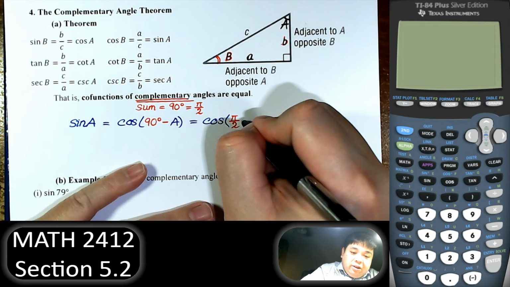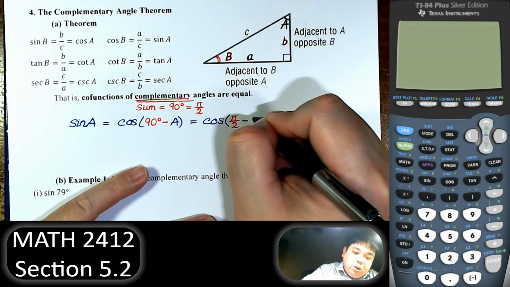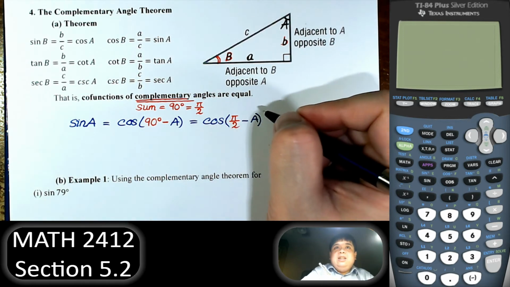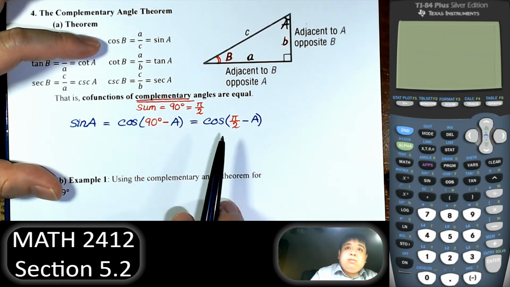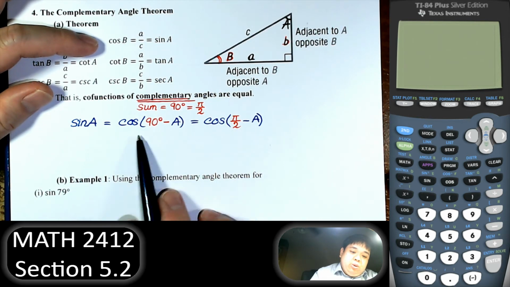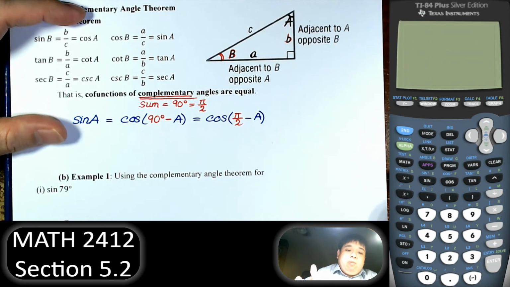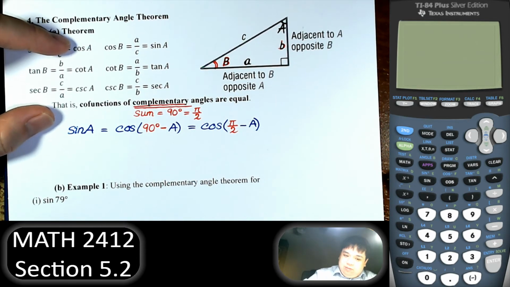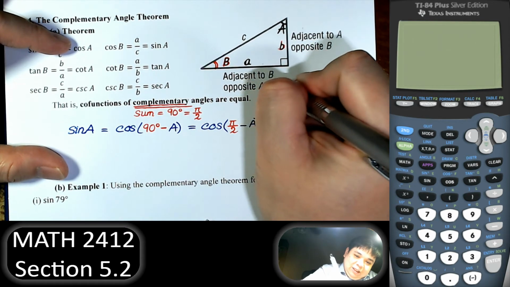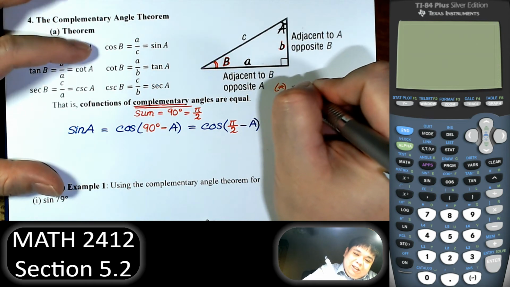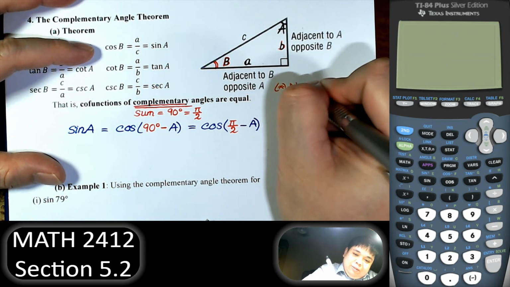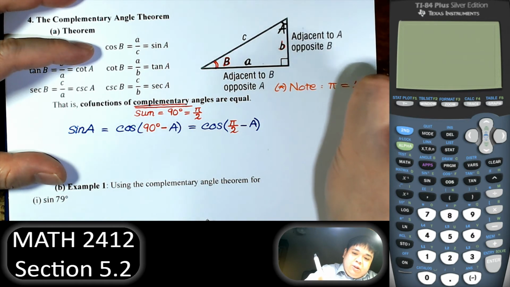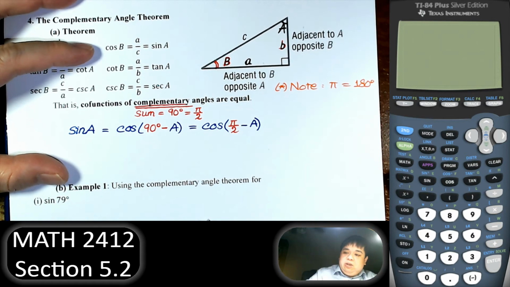We will not have any section dedicated to radians here in this book, but we just say pi over 2 is 90 degrees, and 180 degrees is pi radians.